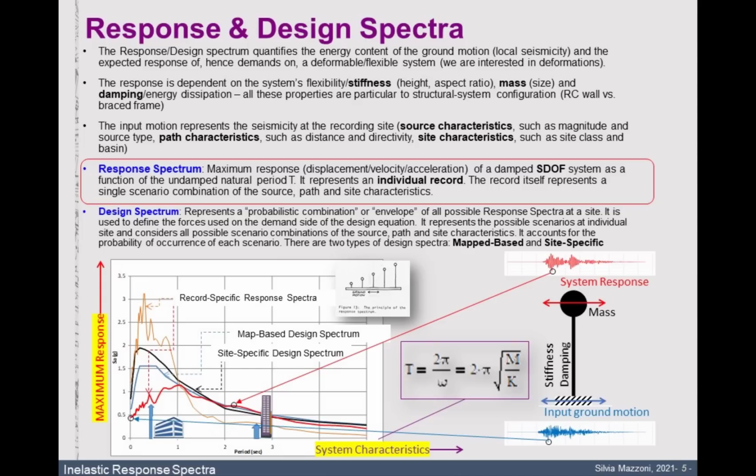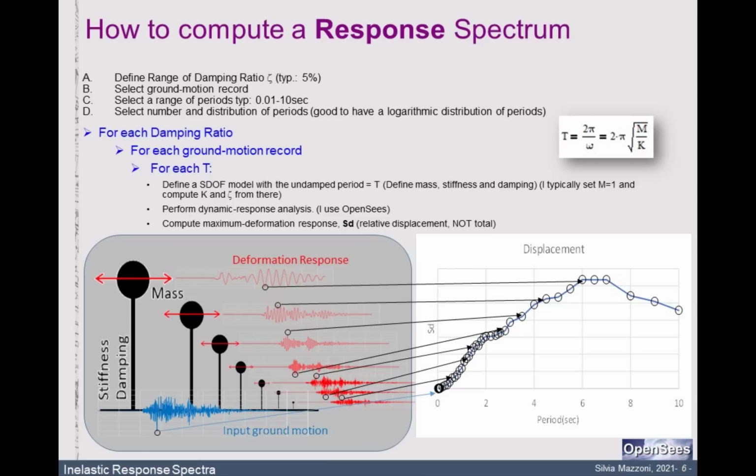A response spectrum is of a simple single degree of freedom system, and the main properties are damping, stiffness and mass, which are put together into a fundamental period or frequency. I wanted to make sure that we're all starting at the same place, because oftentimes we take this definition for granted. The way we compute it is you pretty much write a loop.